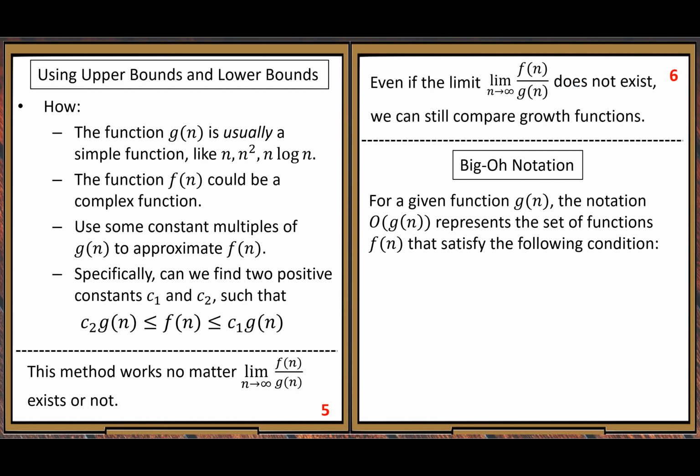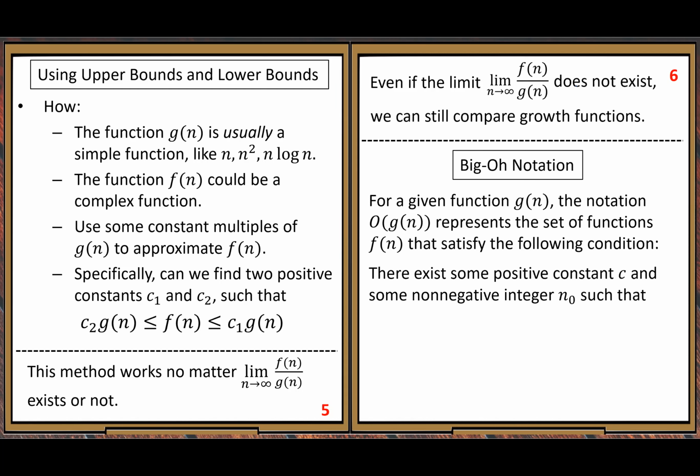There exists some positive constant c, and now I try to address the missing condition there: some non-negative integer n0, such that f of n is less than or equal to c times g of n. This inequality holds when n is greater than or equal to that n0. That is the missing condition.